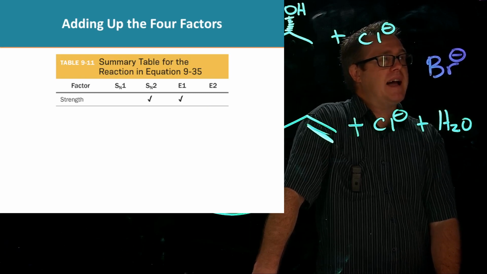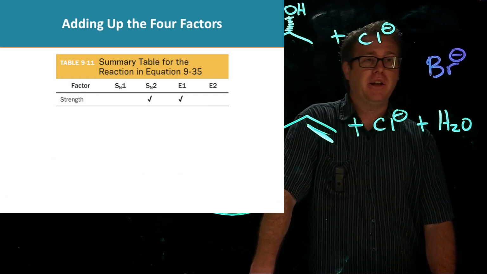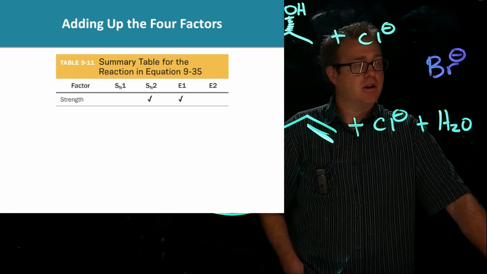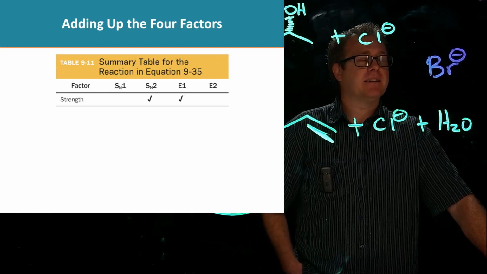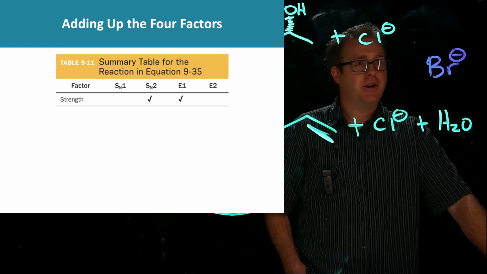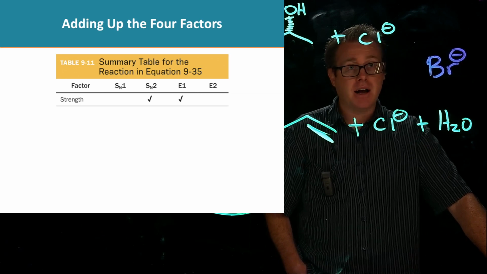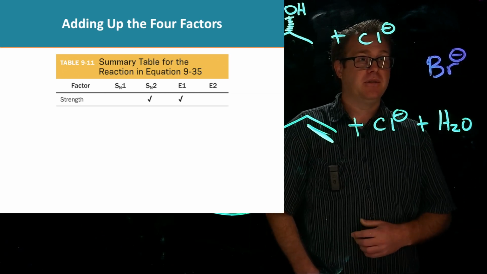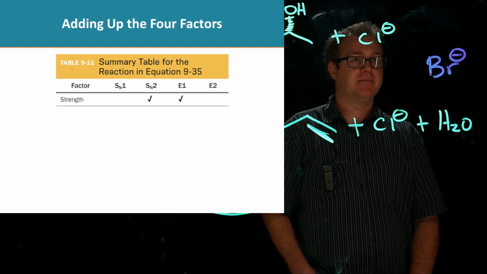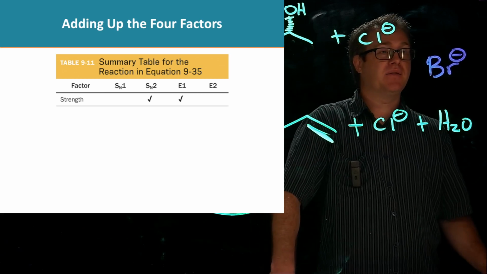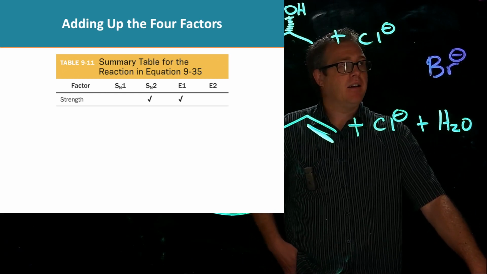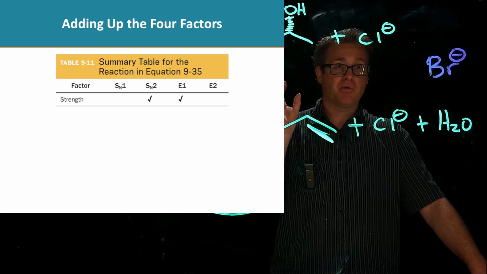And so what does that tell us? We're going to create a check mark here. It is a strong nucleophile, so that favors SN2. But is it a strong base? No, it's not. So I'm not checking the E2. But is it a weak base? Yes, it is. And weak bases favor E1. So on that table, I'm looking at the factor of strength.